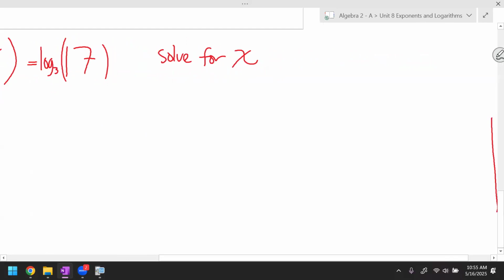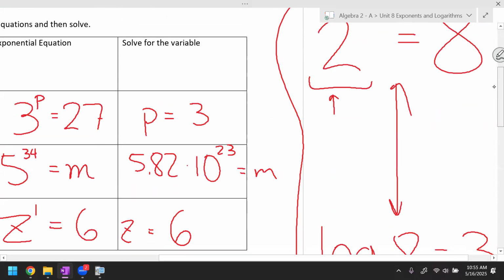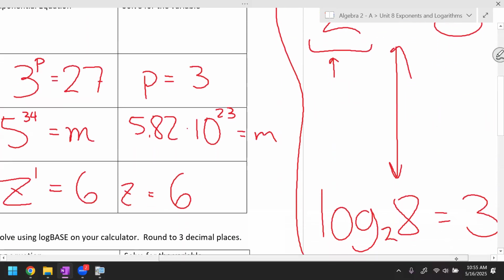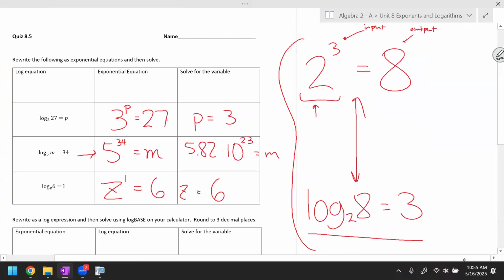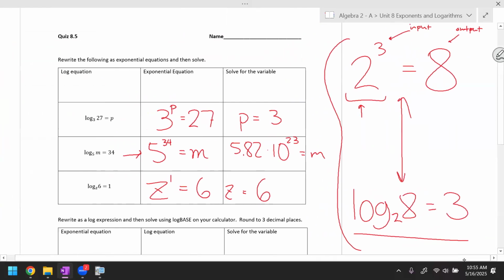When I convert between an exponential and a logarithm in this way, what I'm really doing is either taking a logarithm of both sides or raising a number to the power of both sides.